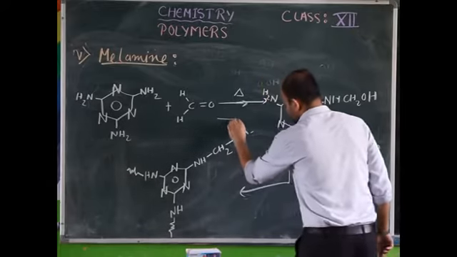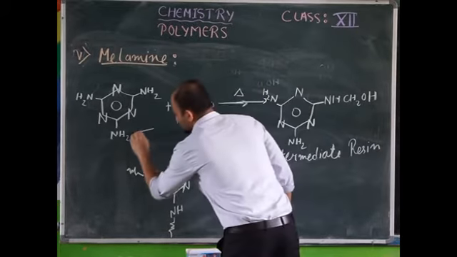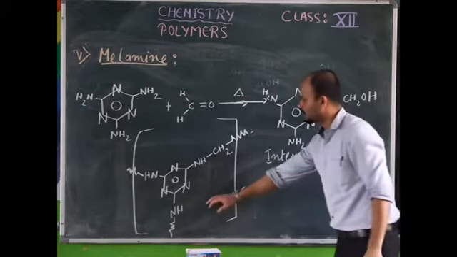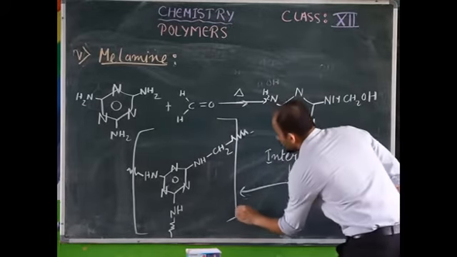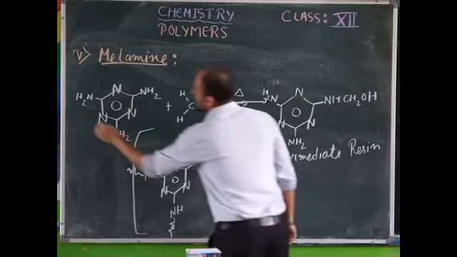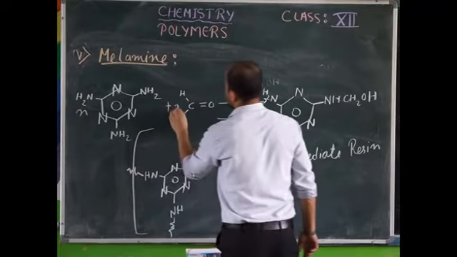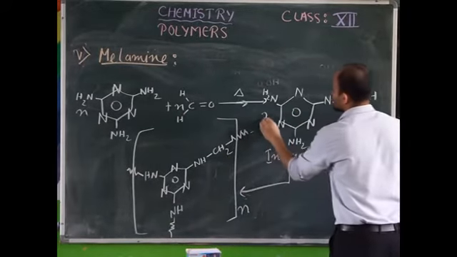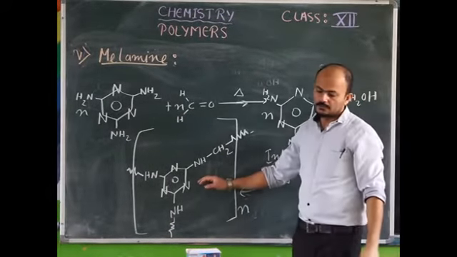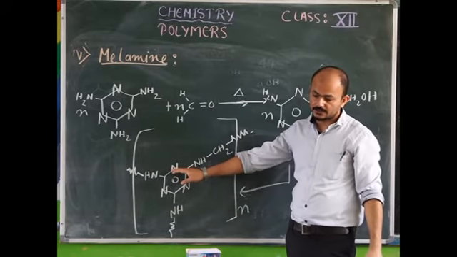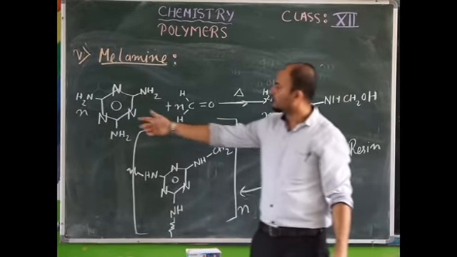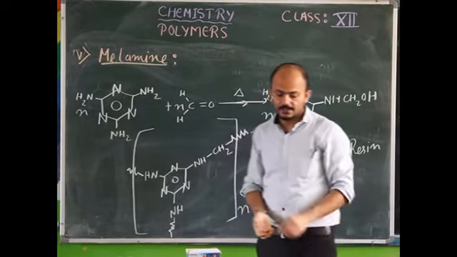Now this structure is the polymeric form of melamine, where n number of them are reacting to produce the polymer. You have to remember this. This is the structure and its monomer units.